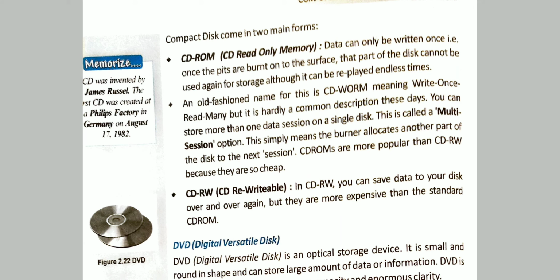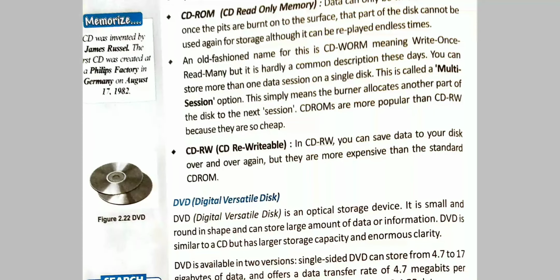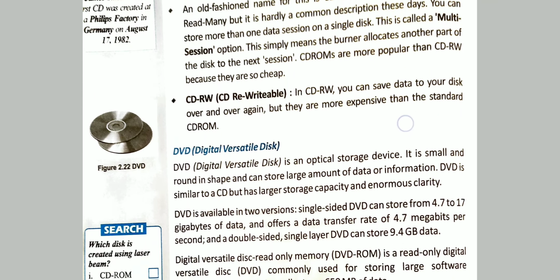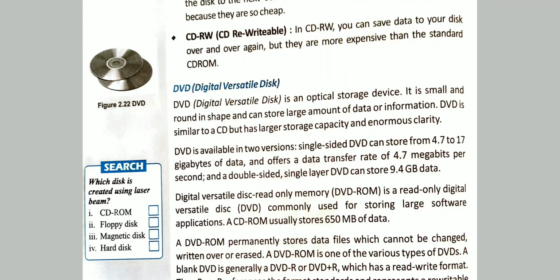The old-fashioned name for this is CD-WORM, meaning write once read many. Once you have burned that CD, you cannot write over that. But nowadays we have CD rewritable, where you can put the data, erase the data, and again put the data in that CD.